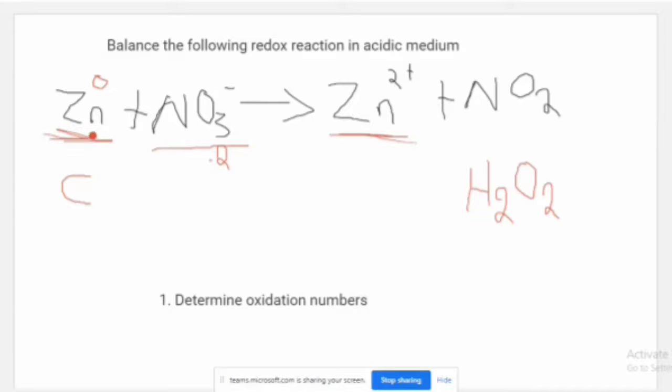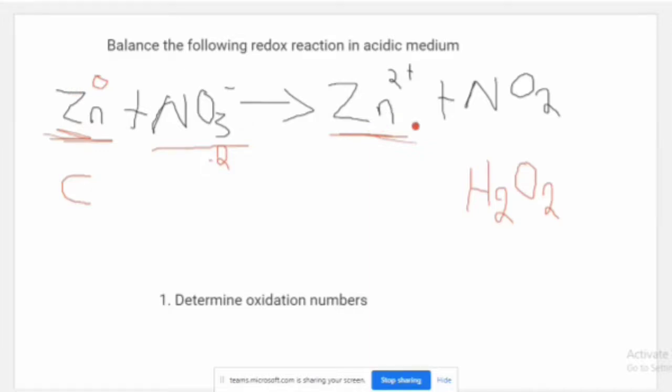The difference is that on the side of the reactant, zinc is neutral. On the product, it has a charge, which is positive. That is the difference between these two zinc.